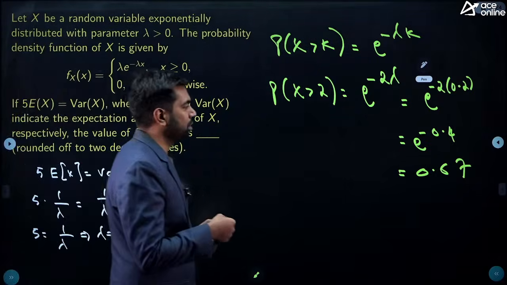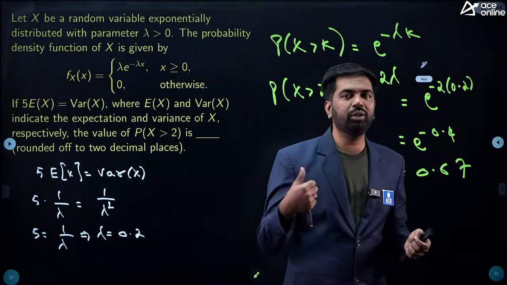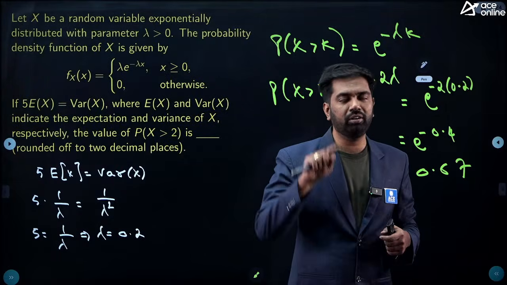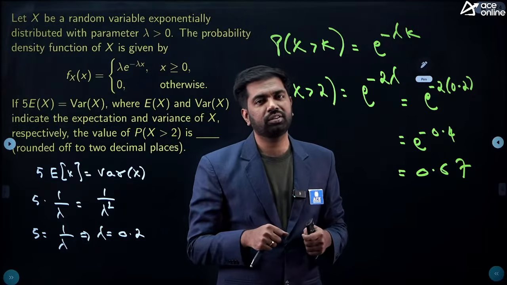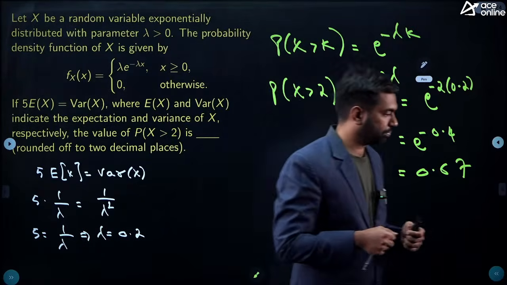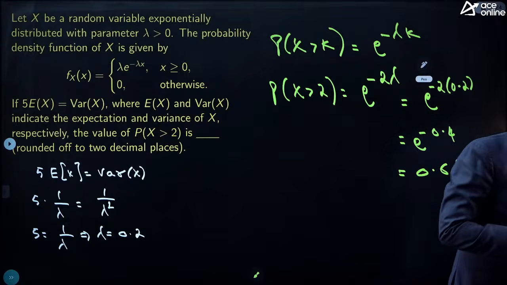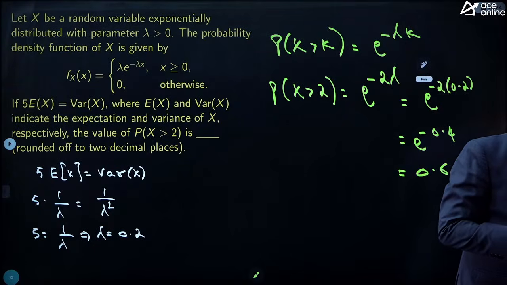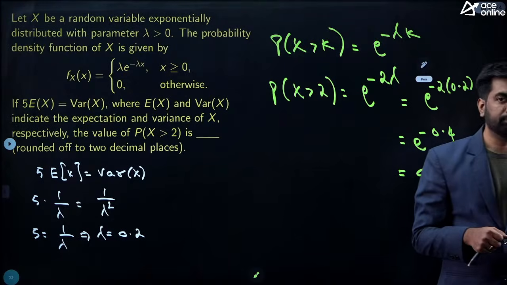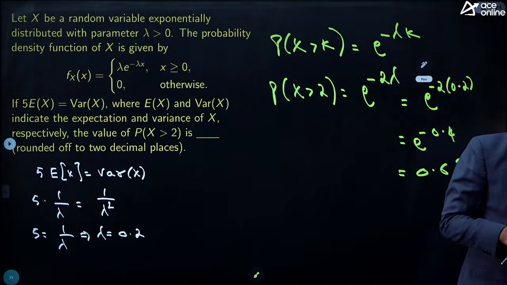So see how effectively I have done, because I frequently use virtual calculator. I did not stop, I did not search for where is e power x, where is log x, and so on. Praveen, your answer is not matching with my answer. You can check the calculations. Okay.